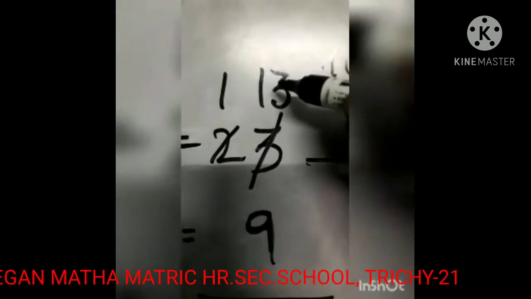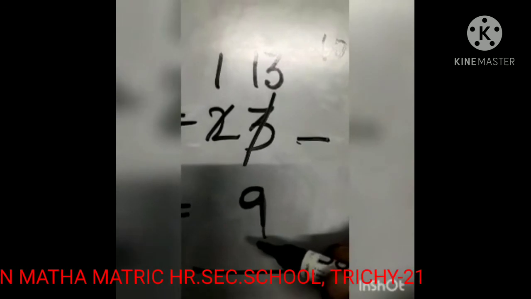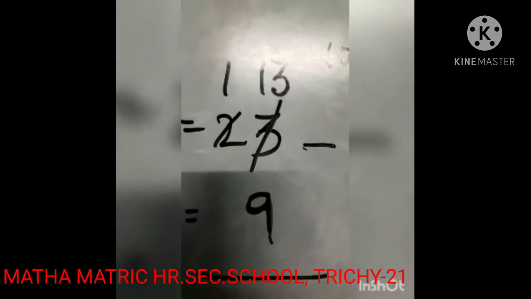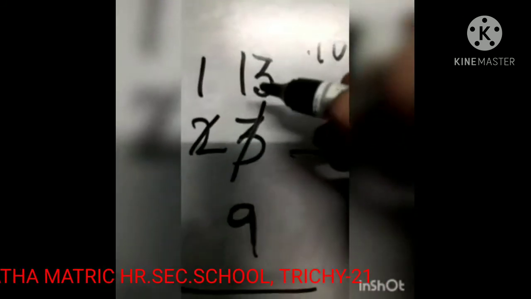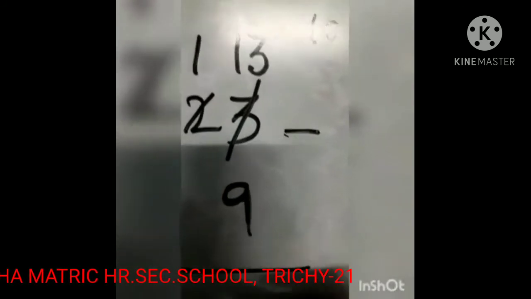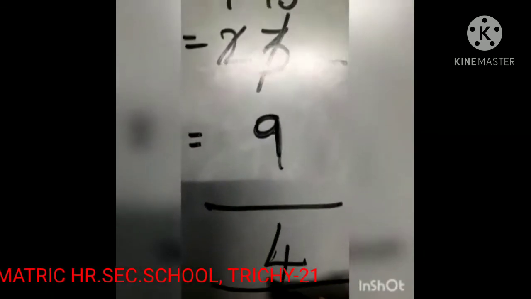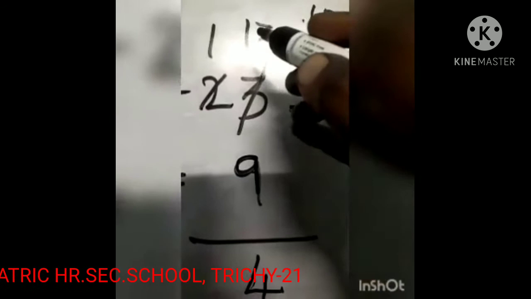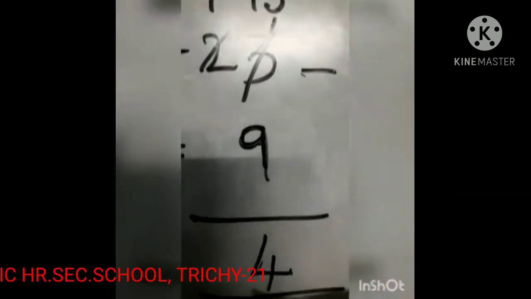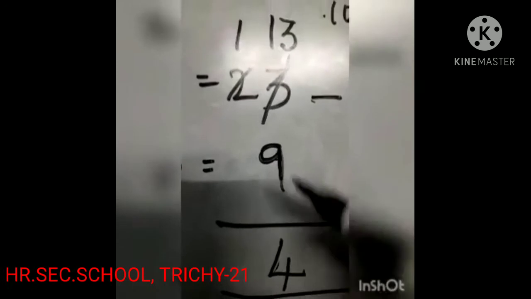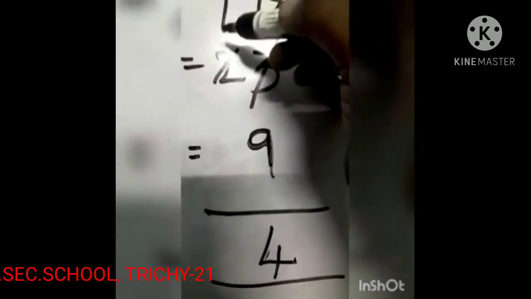From this 13, now we are going to cut 9. What will we get? From this 13, if we cut 9, the balance is 4. Now we come to the tens line.